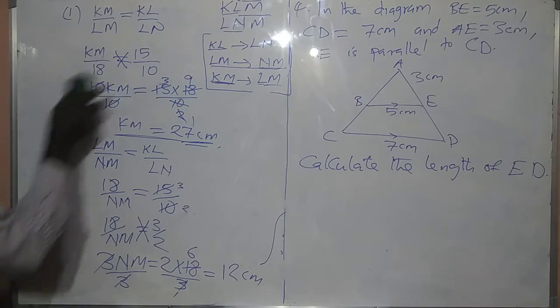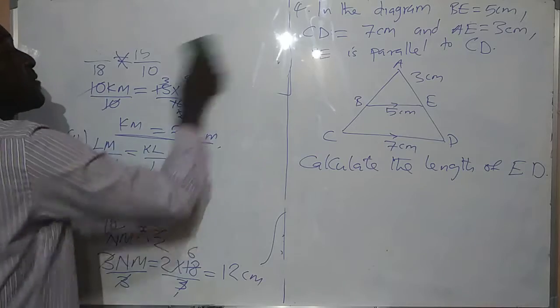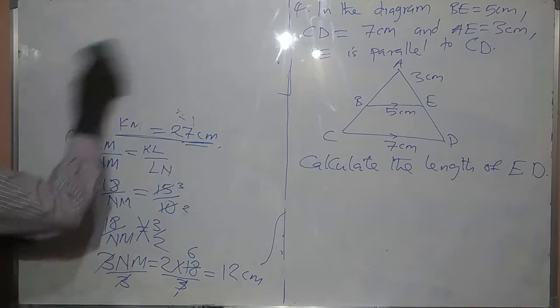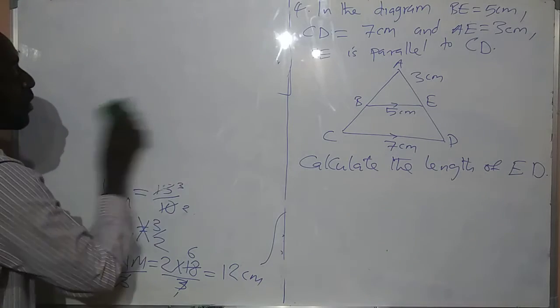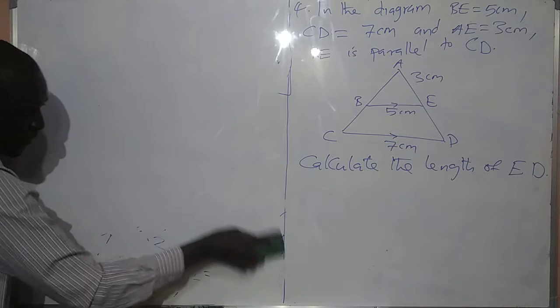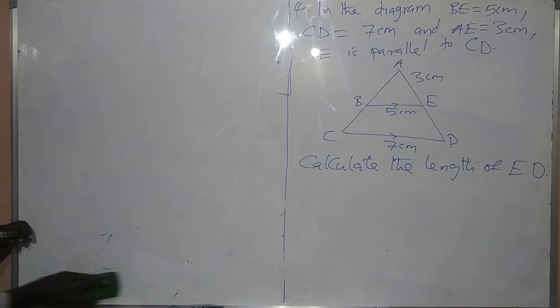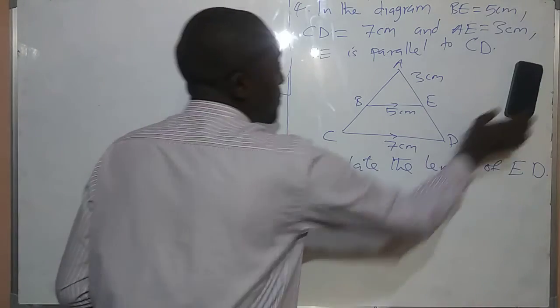Okay, so we are going to have to identify what we call corresponding sides in this question. Just by looking at the 2 triangles, we can tell which sides are corresponding.